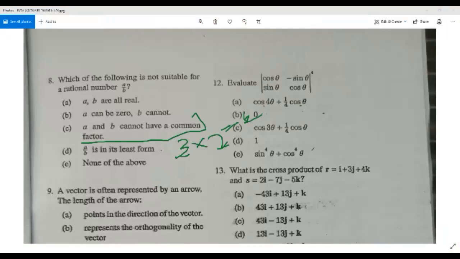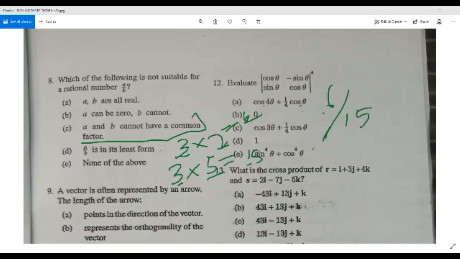The same way, 3 times 5 is what? 15. So that means 3 and 5 are factors of what? 15. Okay. Can we get a fraction like this, 6 divided by 15?